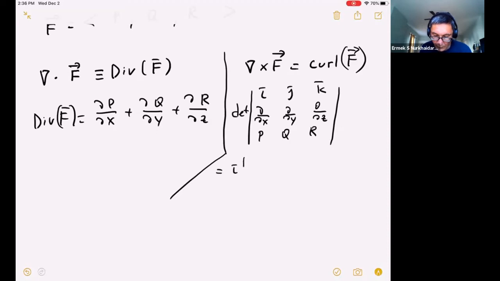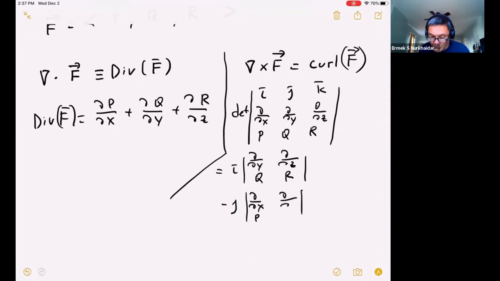So i will come with derivative with respect to y of R, derivative with respect to z of Q. j, because the second one will come with minus, derivative with respect to x of R, derivative with respect to z of P, plus k.